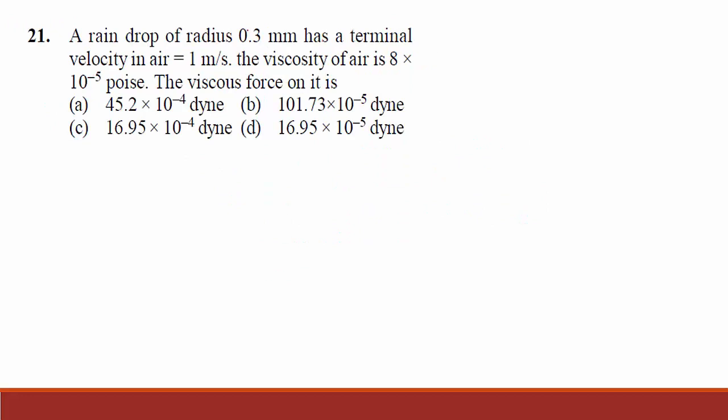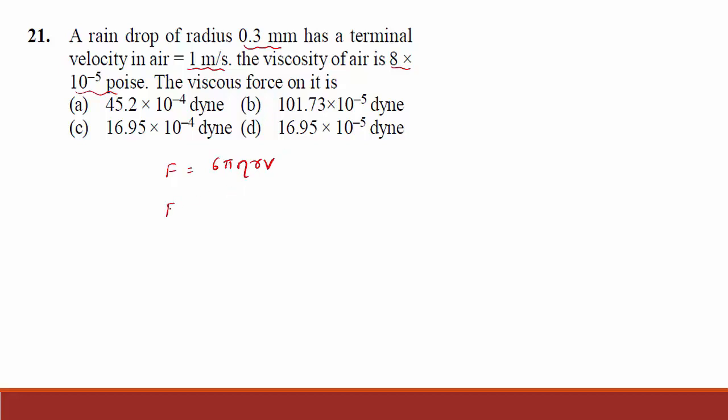A raindrop of radius 0.3 mm has a terminal velocity in air of 1 meter per second. The viscosity of air is 8 into 10 raised to minus 5 poise. The viscous force on it is? We have the formula for viscous force, F equal to 6 pi eta r v.